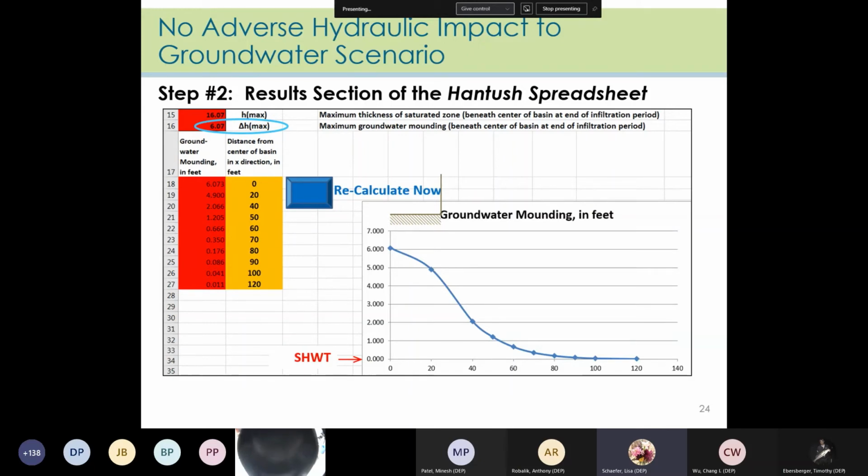Now, that would result in a lower depth of stormwater runoff in the basin since our volume is fixed, and the duration of infiltration period would then have to be recalculated before we rerun the spreadsheet with our new parameters or new values. Since the footprint area is in the denominator, you would see that the duration of infiltration period decreases proportionally as the area increases.